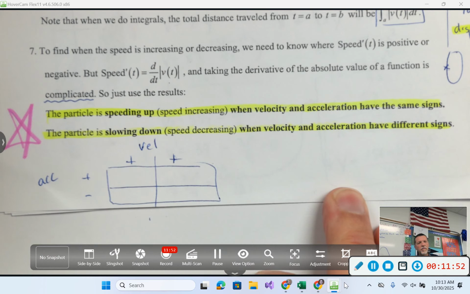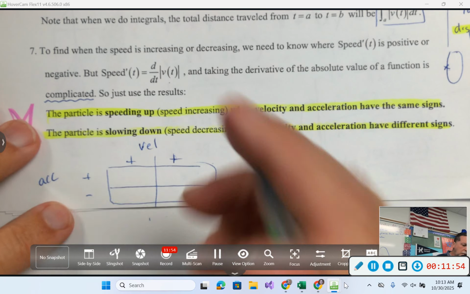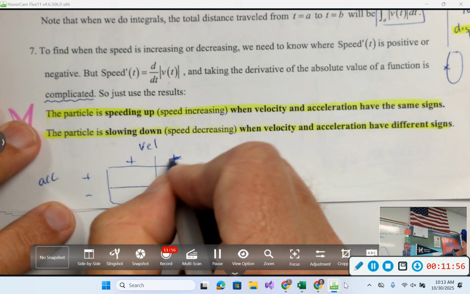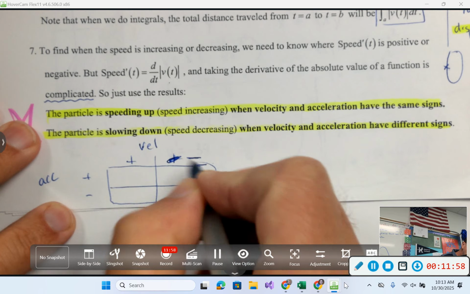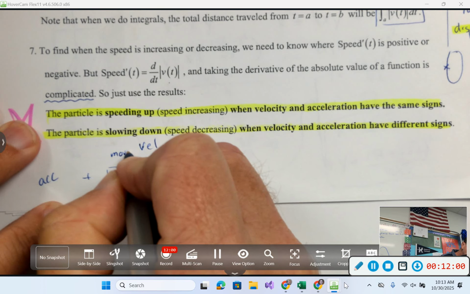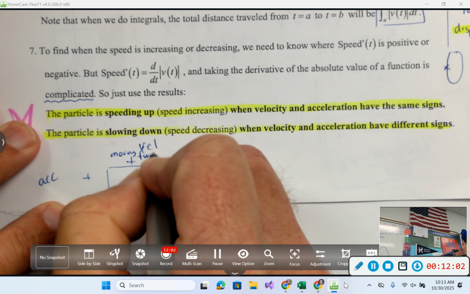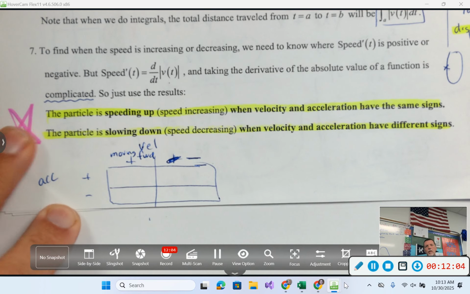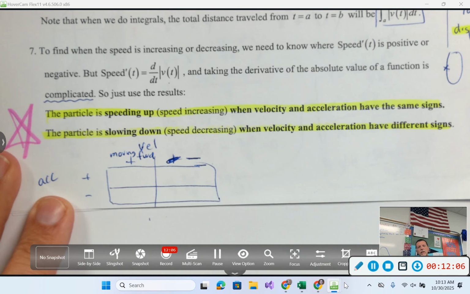So, if velocity is positive, that means you are moving forward. Now that I think about it, I don't even know what I'm going to put in those boxes. If you're moving forward, the velocity is positive. Oh, now I know what I'm doing.